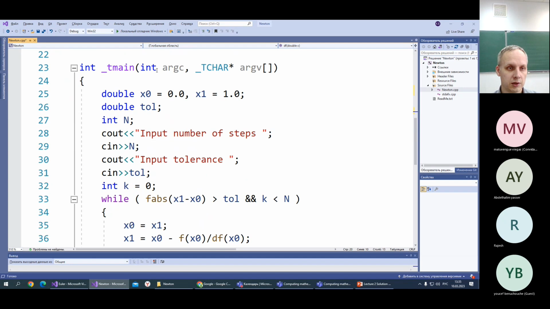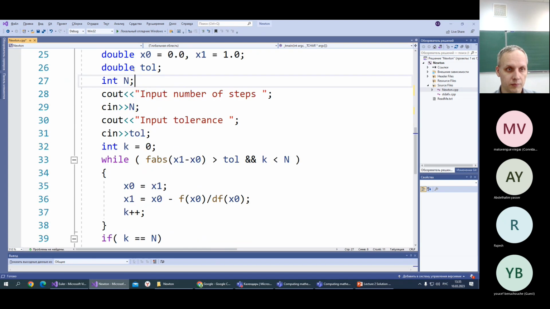And after that, the Newton method can be implemented as follows. The initial point, the first point x1. We use only 2 points. x0 can be considered as the current point and x1 can be considered as the next point.